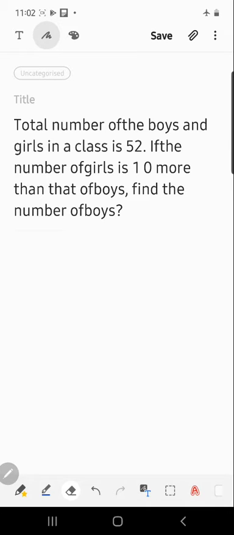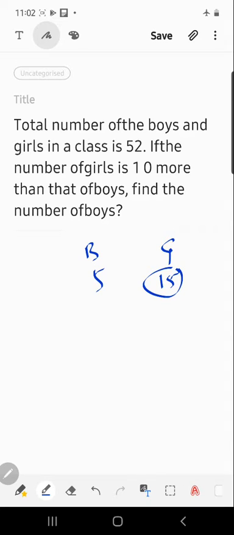For your understanding, if there are 5 boys, how many girls are there? The relation is 10 more than boys, so 5 plus 10, 15 girls. That is the thing we have to understand from the statement.